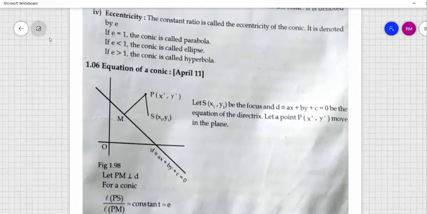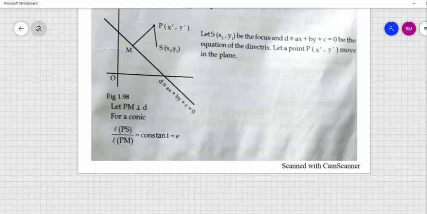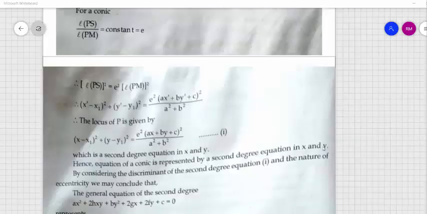As we already discussed, if e equals 1, it is a parabola. If e is less than 1, it is an ellipse. If it is greater than 1, it is a hyperbola. After using the distance formula and some simple calculation, we get a second degree equation in x and y.